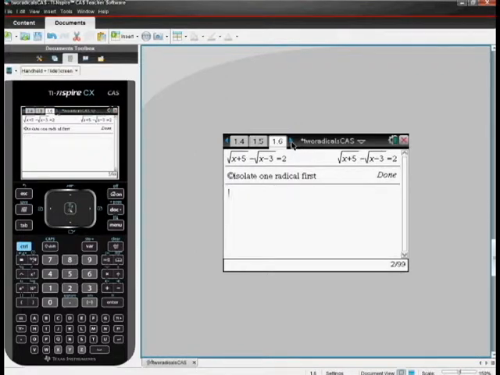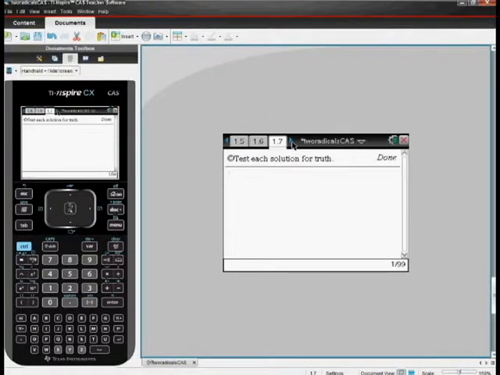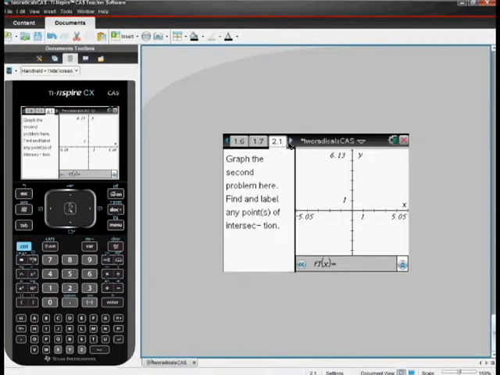And then when you finish solving it on this page, you test it for truth by assigning the x value that you get on the previous page to x, and then cut and paste your equation. You can rewind this and go back and see how I did that. And finally, they have the graph here. You're going to cut and paste the left side and then the right side, and then find the intersection point. And that's all you're going to do.